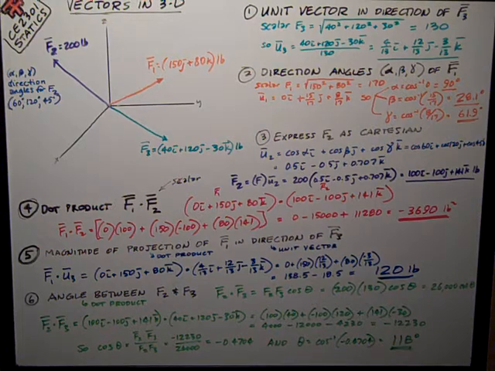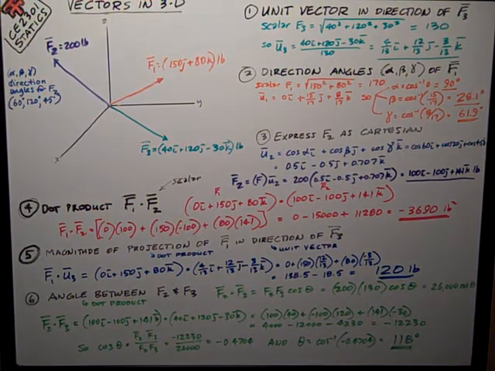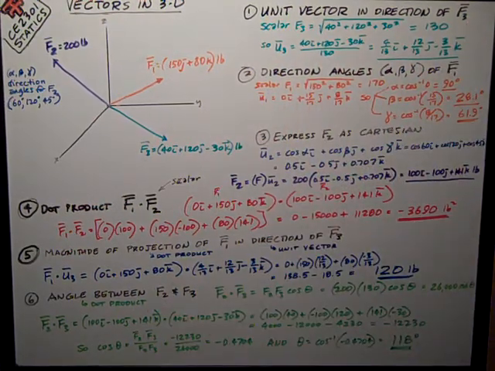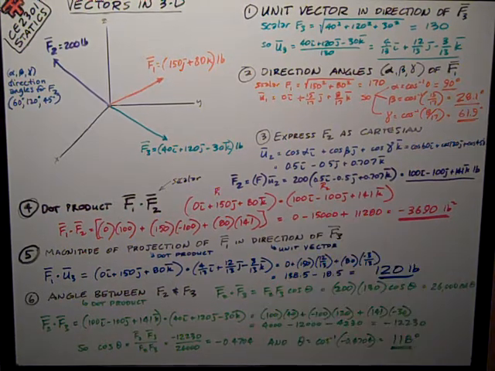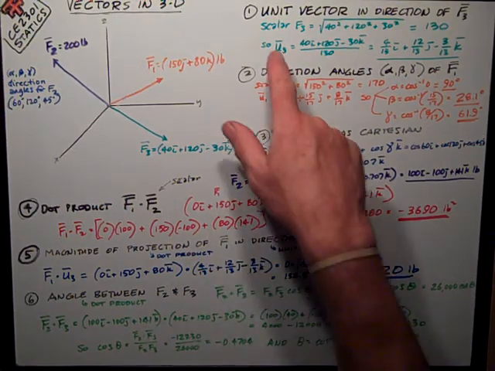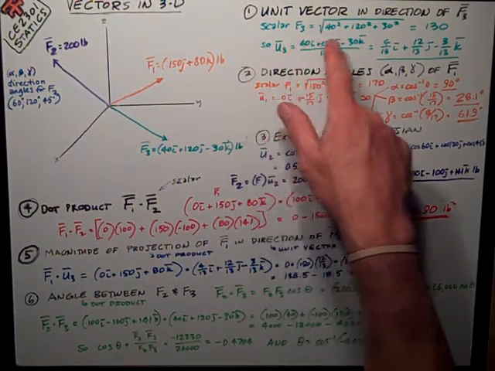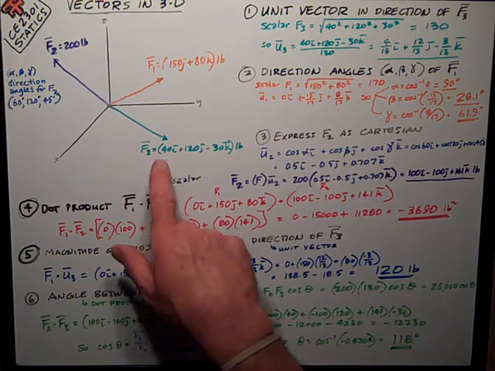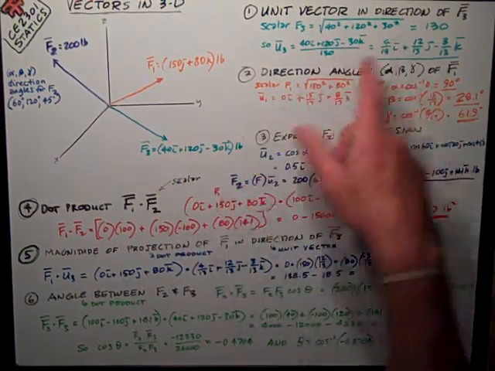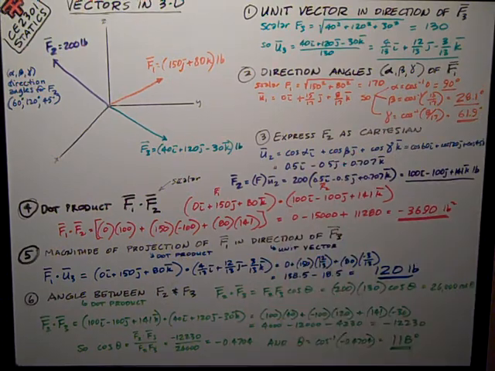The first problem was to determine the unit vector in the direction of F3. Unit vector is a pure direction vector. So I just need to get the scalar magnitude of F3, which is down here in green, the square root of the sum of the squares of its components, 130.